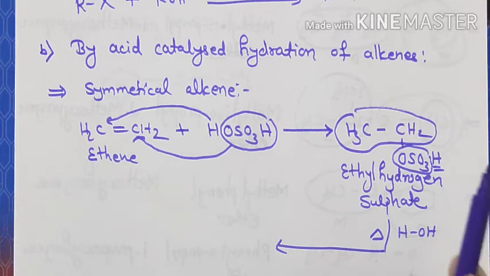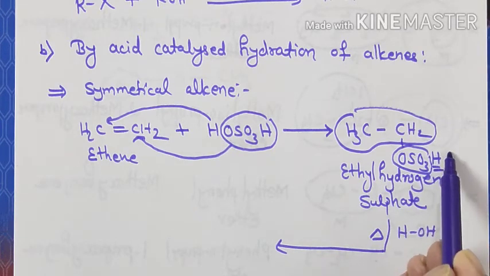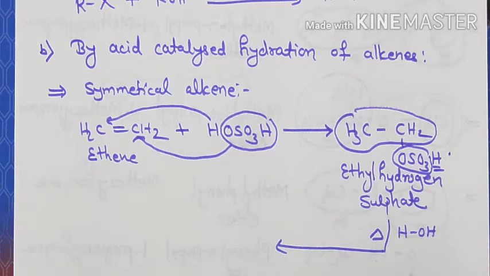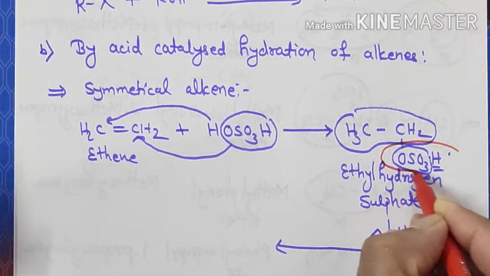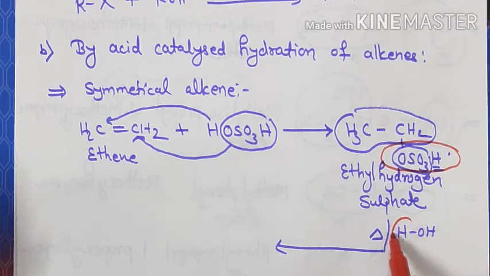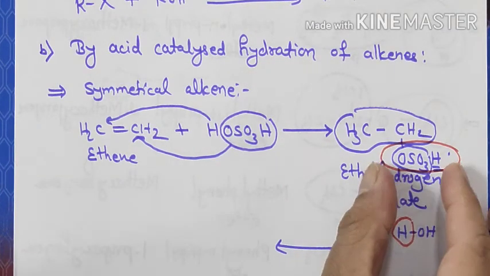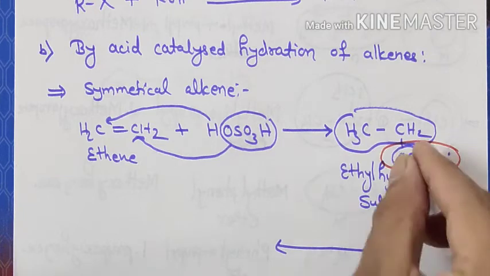What will happen? Understand this whole part, student. This whole part will combine with this H to form sulfuric acid. This is going to get removed, OH will get added.